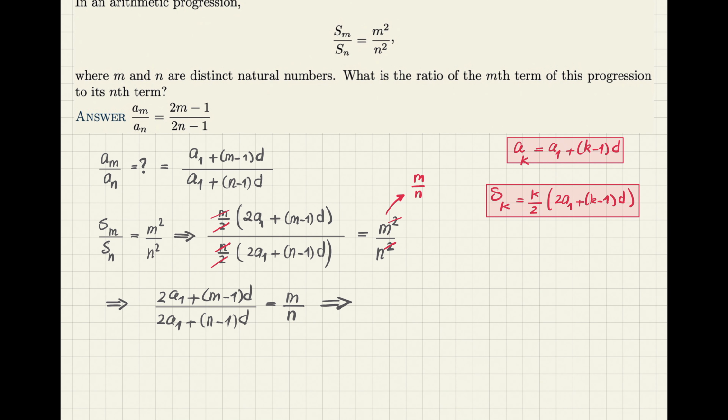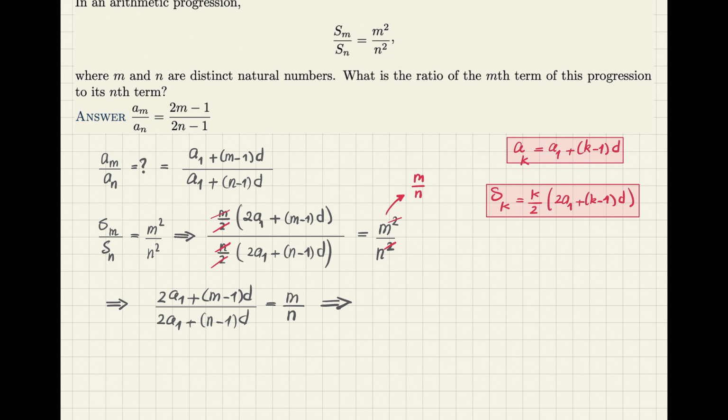From here I can conclude that if I multiply both sides by n, so this n will be multiplied here, and then this will be multiplied there. Yes, so I'm just using that the product of means is equal to the product of extremes.